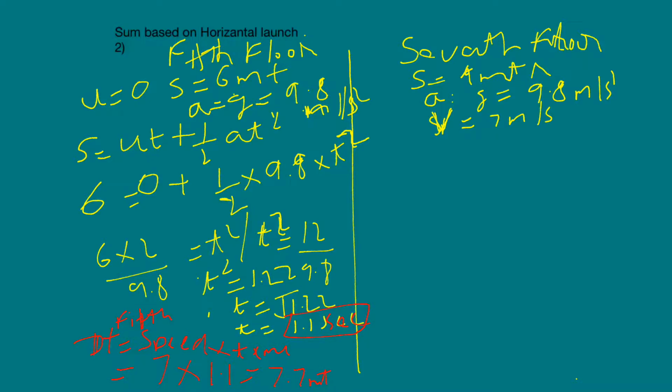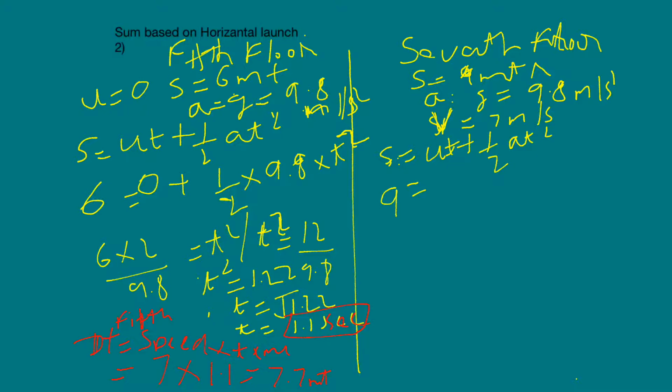Now we will solve using s equals ut plus half at square. As we know very well, displacement here is 9.